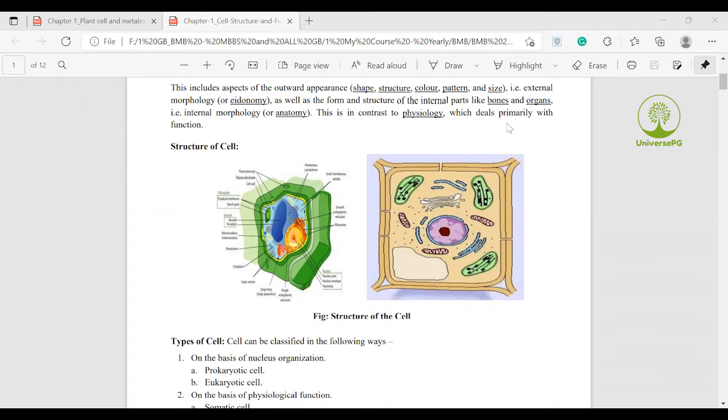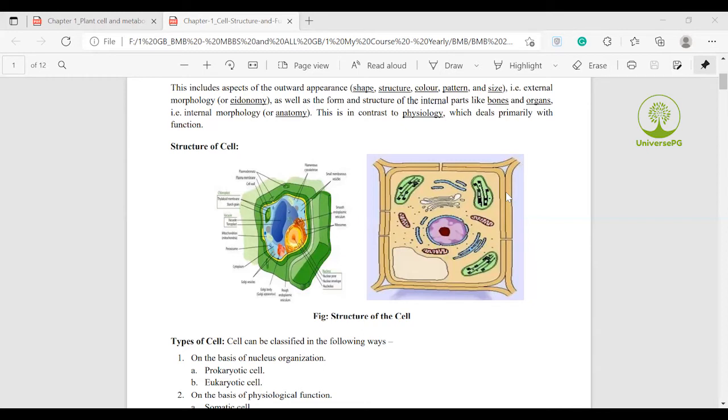First you compare the cell wall. We know generally cell wall is found only in plant cell, not in animal cell. So it is the first comparison between plant cell and animal cell. Next, a major comparison, chloroplast.